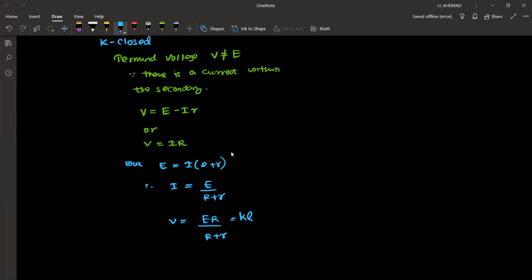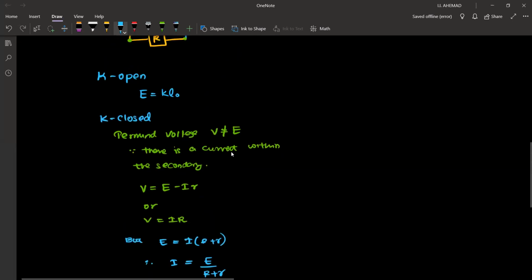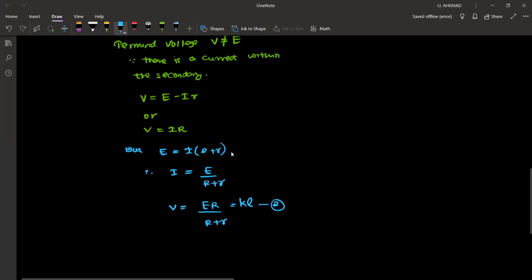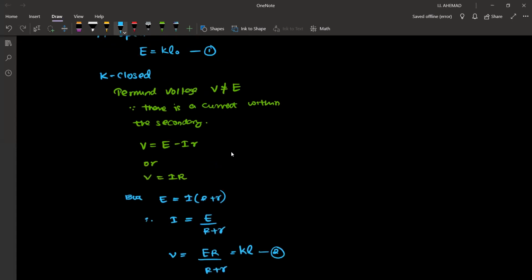So we are trying to find what is R. Then we can divide the first and the second equation. This is the first equation. This is the second equation. I'll divide the second by the first.